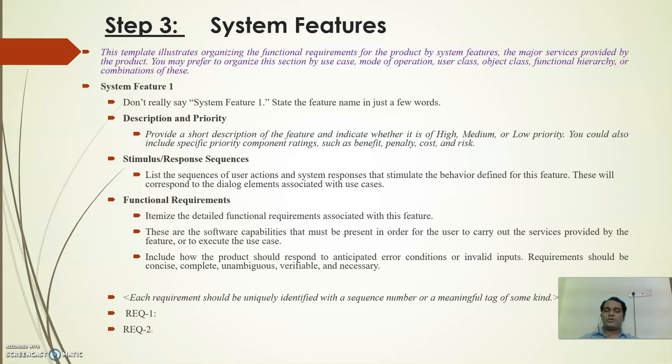Each requirement should be uniquely identified with a sequence number or a meaningful tag of some kind, like requirement 1, requirement 2. And please remember, when you are writing the requirements, you will make use of "shall". The system shall implement so and so feature. That is one requirement. "Shall" is a mandatory implementation requirement.